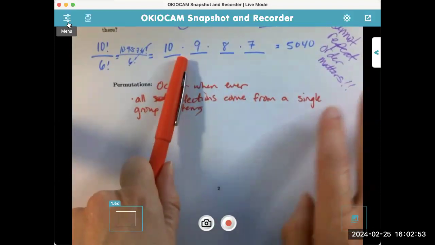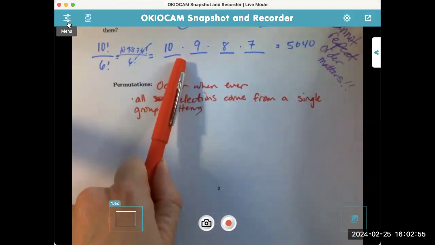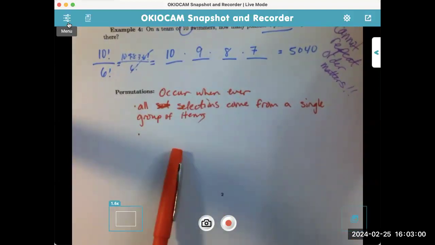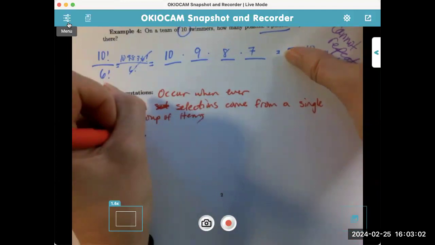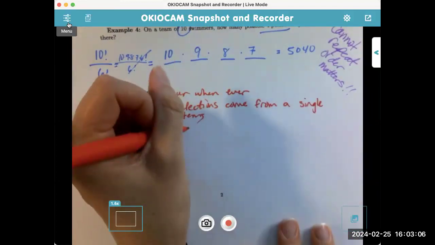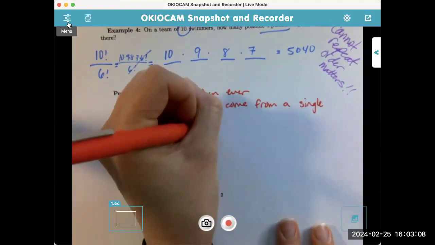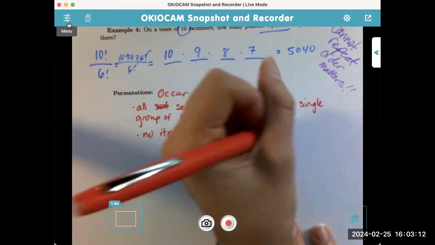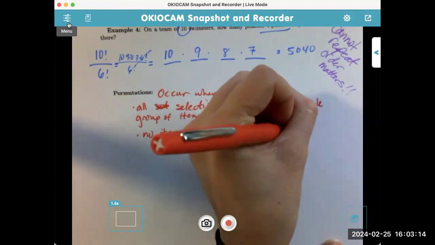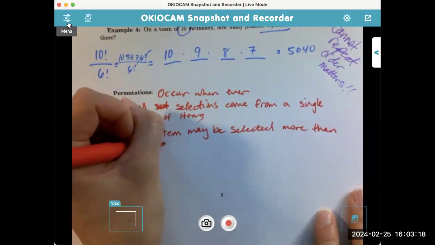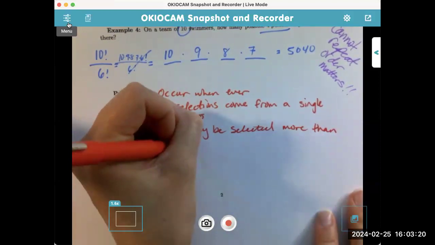Like here, these were swimmers on the swim team, right? They came from the same group of people, the whole varsity team, maybe. No item or person may be selected more than once. So no repeat.